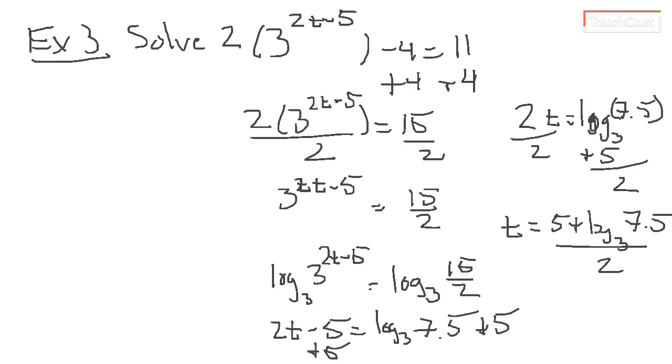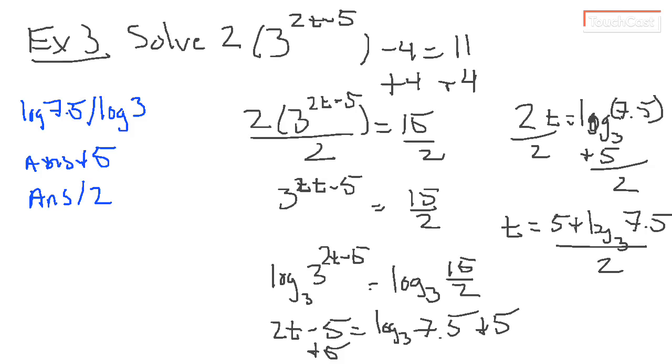I'll even write that over here in blue, how I would write it into my calculator. I'd go log 7.5 divided by log 3. I'd hit enter. Then I would take whatever that answer is, add 5 to it, and then whatever that answer is, I would divide by 2.